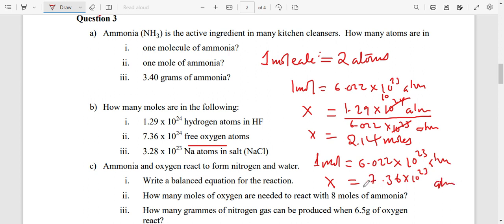So, all we do is divide this value by 6.022 times 10 to the power 23 atoms. Now, the 23 and the 23 will cancel out. So, all we are going to have is 7.36 divided by 6.022. And that is going to give us the answer here, supposed to be 1.22 moles. So that is it for that question.